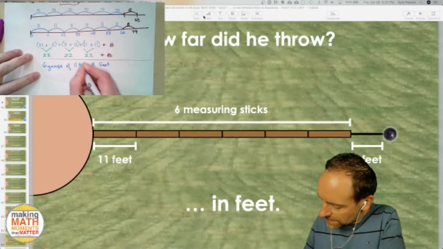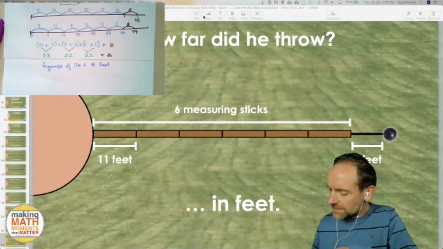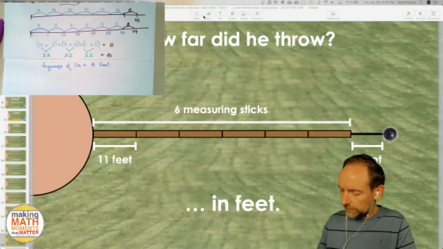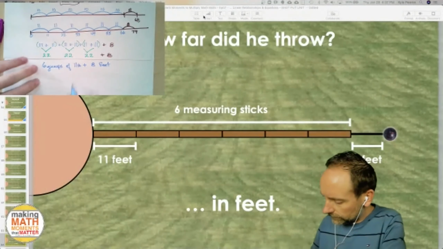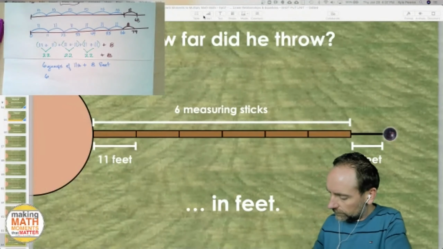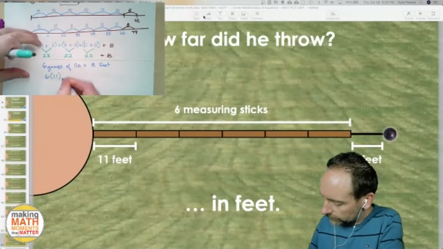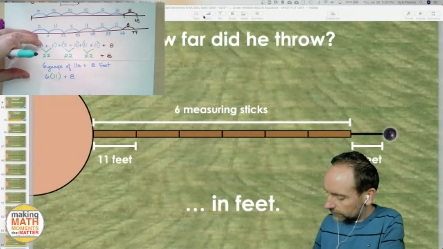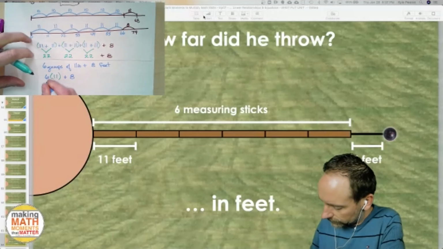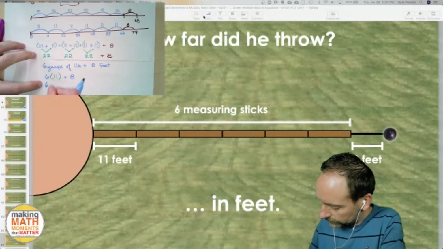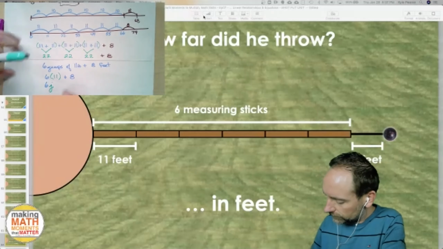You can be like, you know what? It might be worth it to go to the algebraic representation, 6 times 11 plus 8, which is more symbolic, and then go, okay, now let's go to the student who wrote the words. So there's a nice progression that you can build when you're walking around, seeing what strategies your students are coming up with.